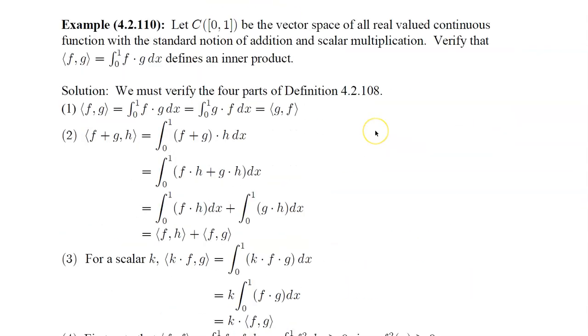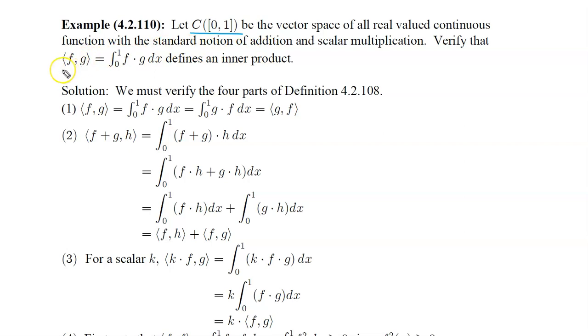Let's take a look at an example here. So let's consider the space of all continuous functions on the closed interval from 0 to 1. That's what this represents. So this is the vector space of all real-valued continuous functions with the standard notion of addition and scalar multiplication. We had seen this previously and verified that it was a vector space.